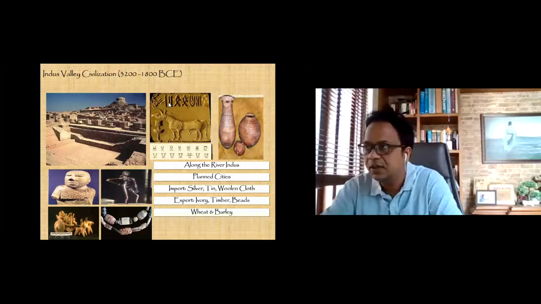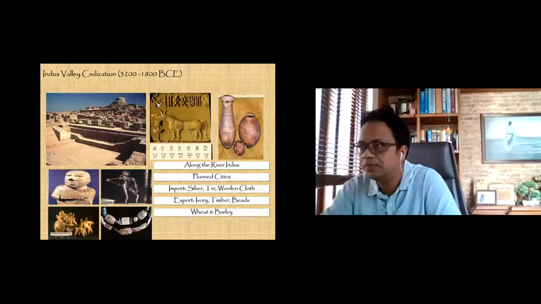If you notice on the top, the language of symbols, they have a lot of these symbols written on them, and there is an animal or a mythical animal on these seals. And many times when the exchange of the Indus Valley civilization is seen, they find these seals within what has got traded. What typically got traded there was ivory, timber, beads, wheat and barley.